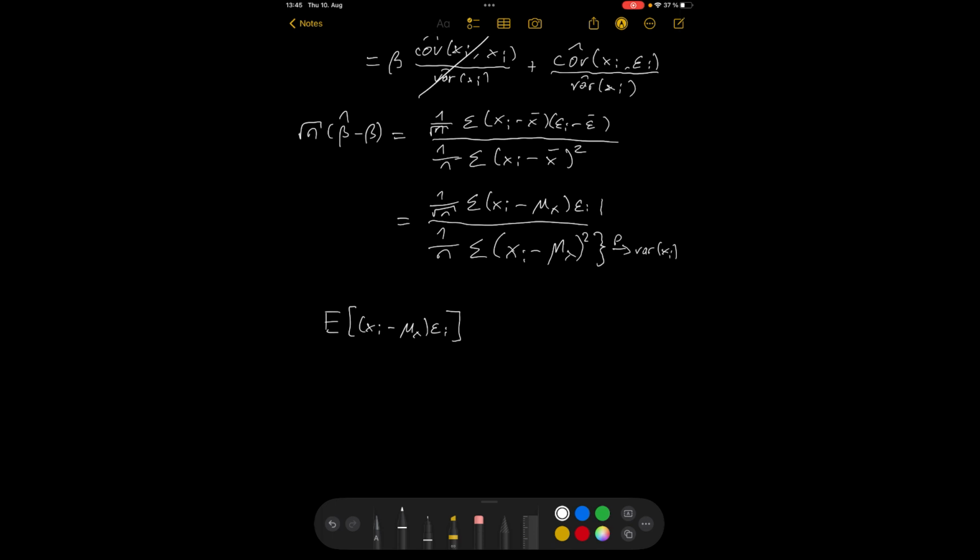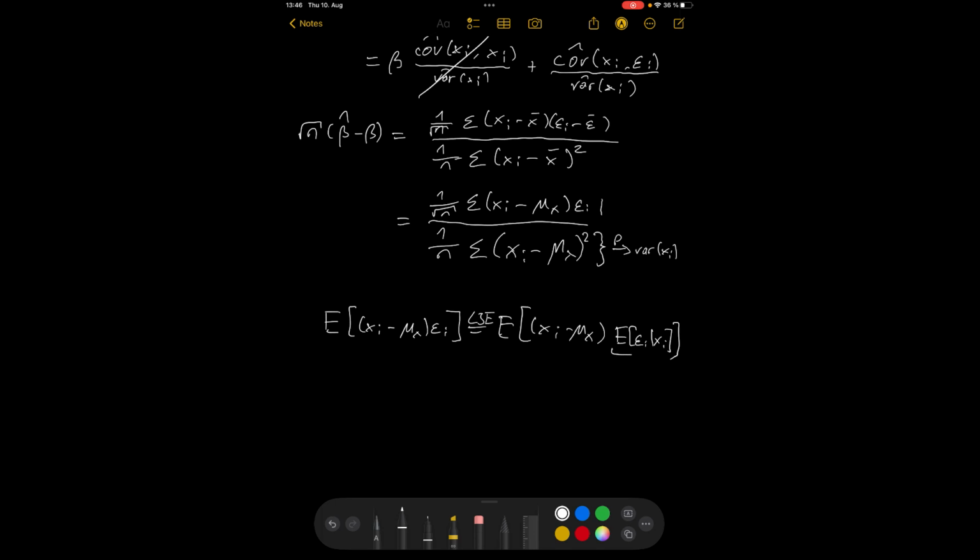So we use the law of iterated expectations. Then we've got the expectation of x_i minus mu_x. The x_i only depends on x_i, and the mu_x is a constant. So when we've got the conditional expectation, conditional on x_i, we can simply move them out.